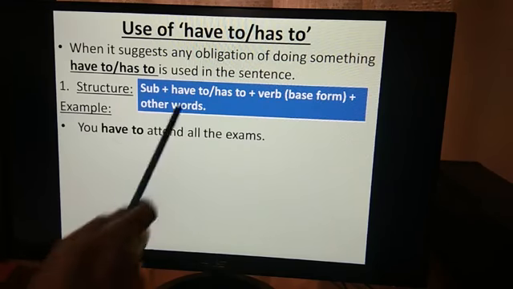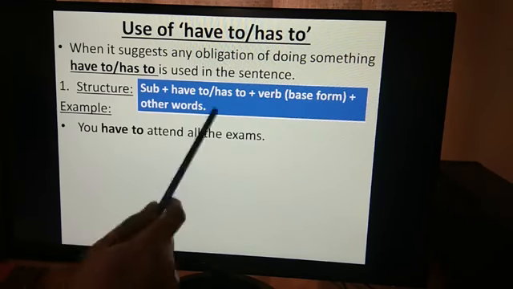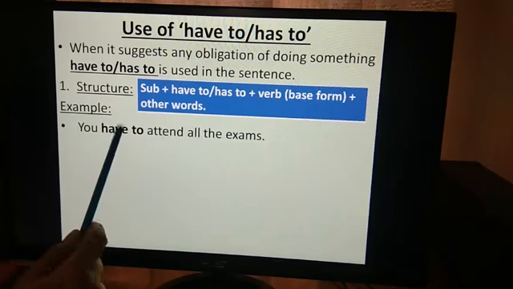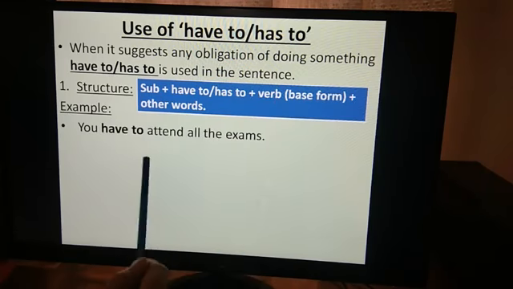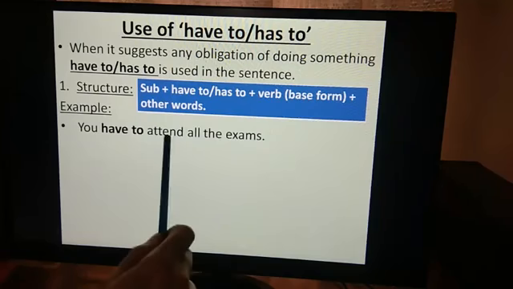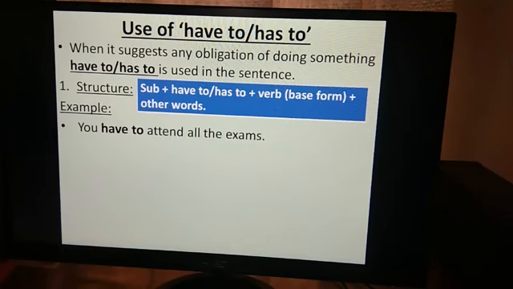You is the subject, have to or has to, from this we collect have to, then verb base form attend, and other words, all the exams. So you have to attend all the exams.